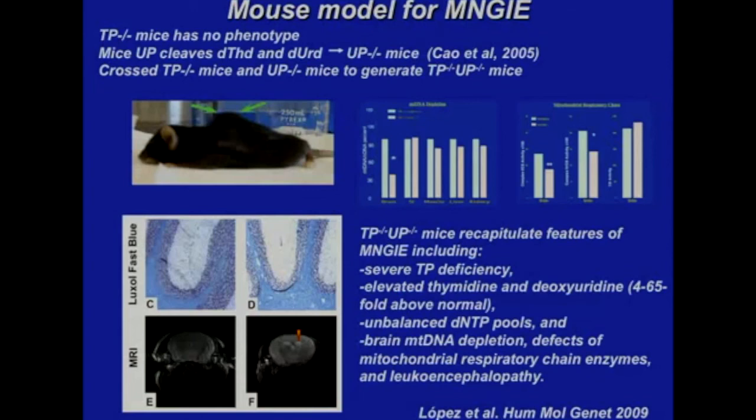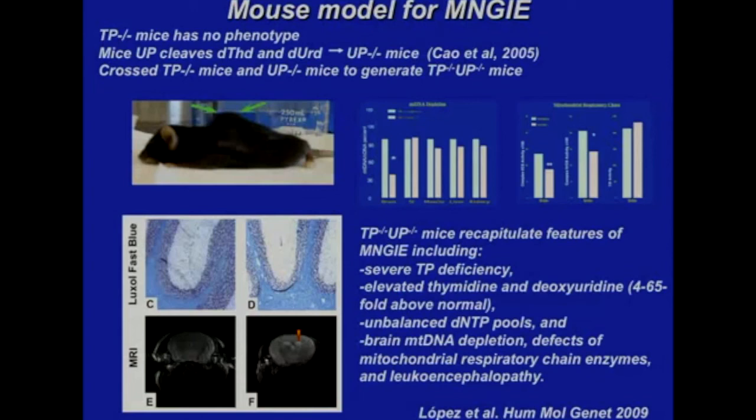We made a mouse model which replicated many of the features of this disease. We made a TYMP double knockout mouse, which developed kyphosis, and they had a mild leukoencephalopathy compared to the patients. They have partial deficiency of mitochondrial complex 1 and partial depletion of mitochondrial DNA in the brain.